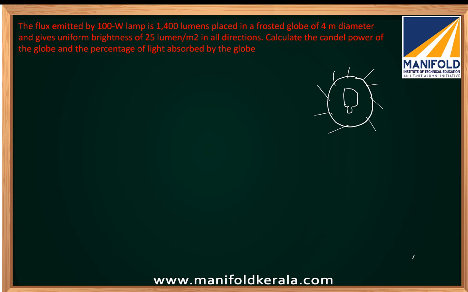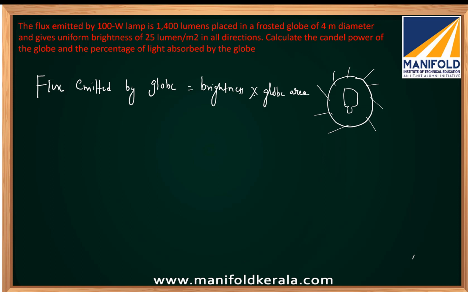First, the luminous flux emitted by the globe is given by the formula brightness into the total surface area of the globe.